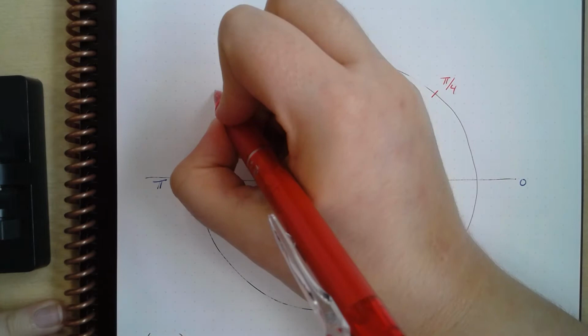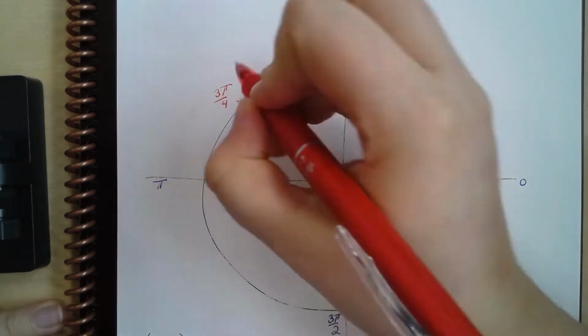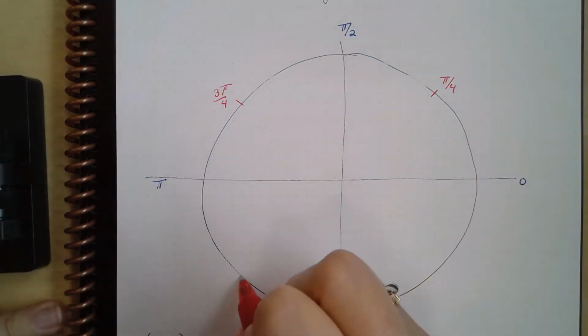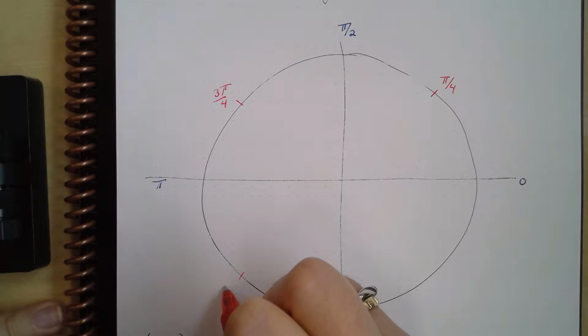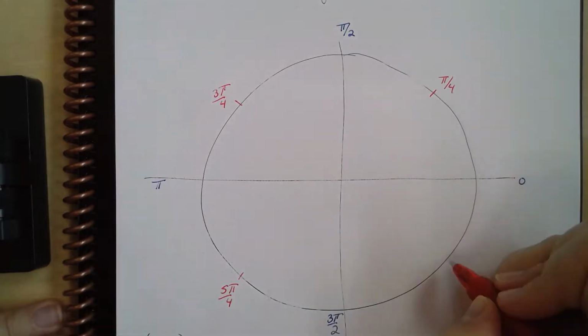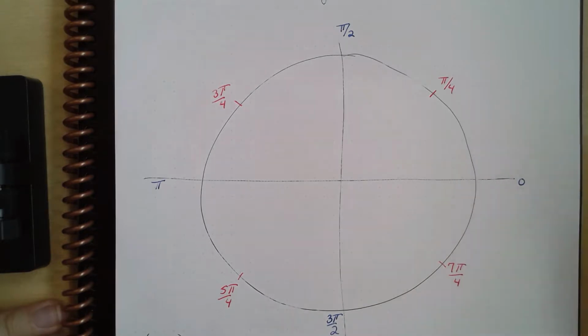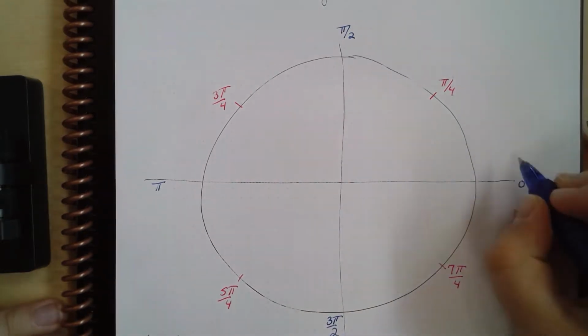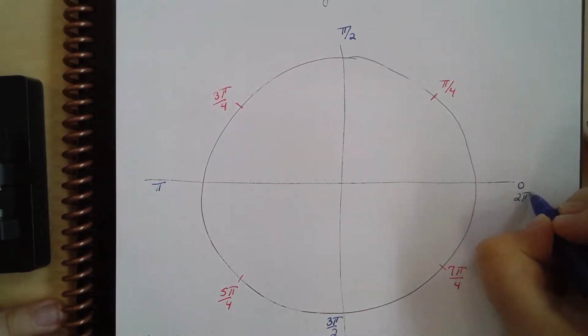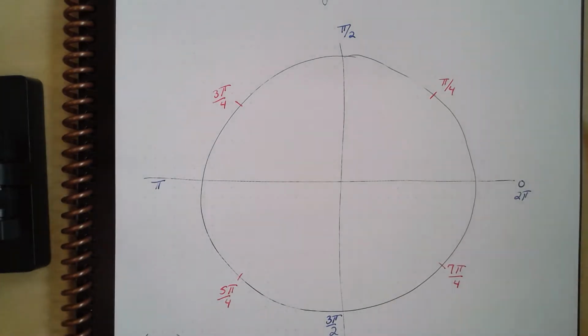Here we have 3 pi over 4, 4 pi over 4, 5 pi over 4, 6 pi over 4, 7 pi over 4, and 8 pi over 4, which is just equal to 2 pi. And I do want to mention here that 0 and 2 pi are located at the same point on the unit circle.